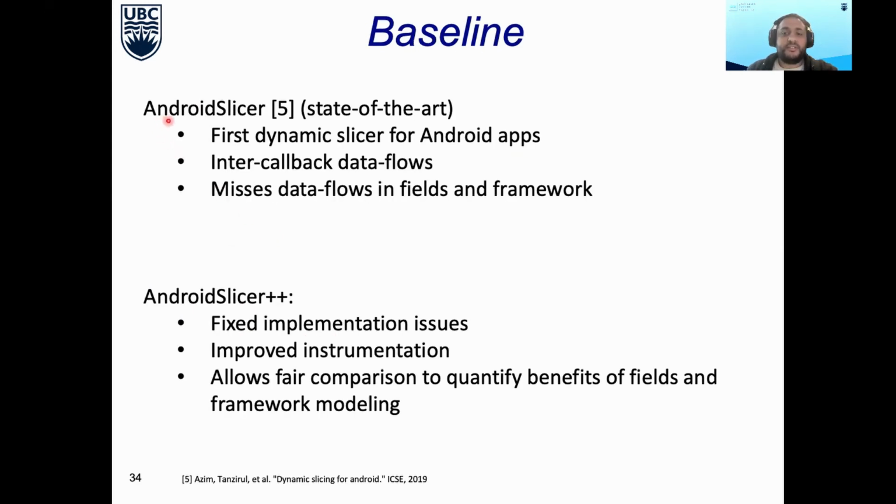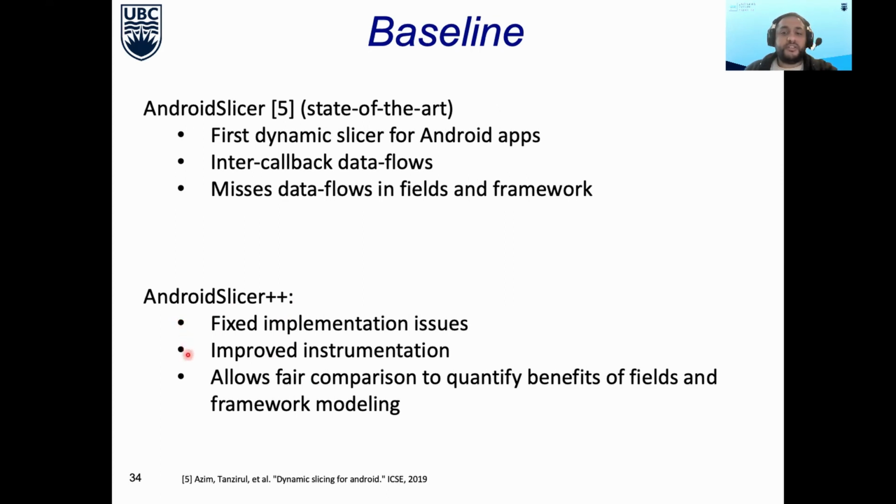Our baseline is AndroidSlicer, which is the state-of-the-art in slicing Android apps. It is in fact the first dynamic slicer for Android apps, which focused on solving the problem of data flows across callbacks. However, it misses data flows in fields and in the framework. We implemented AndroidSlicer++, which fixes implementation issues with the provided implementation of AndroidSlicer.